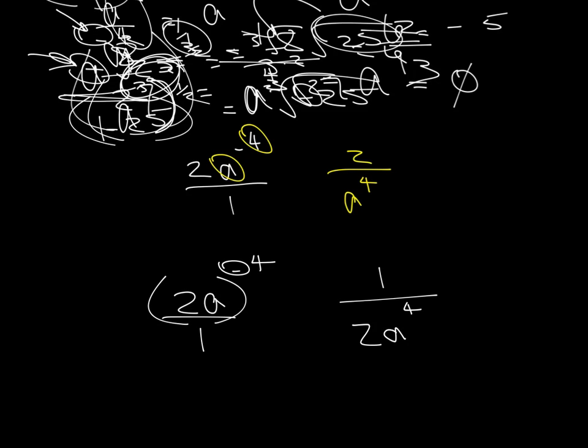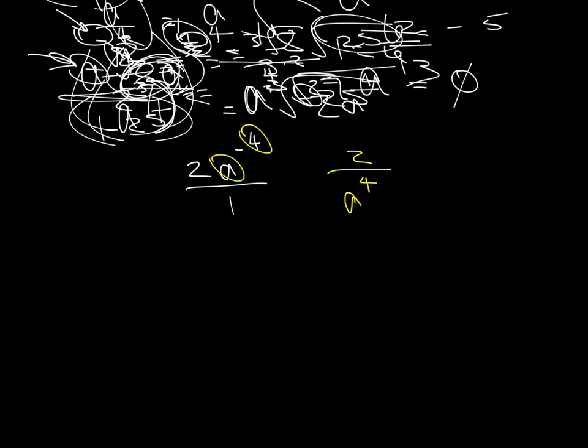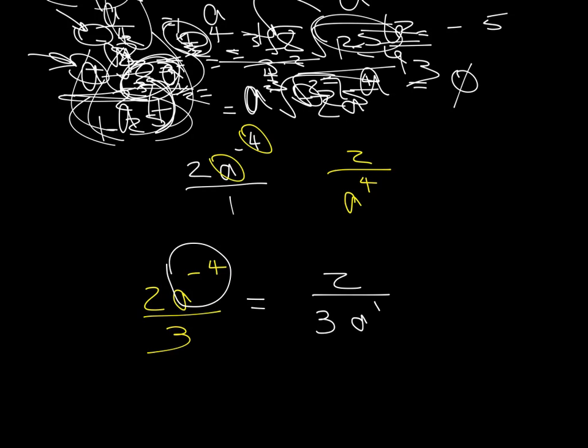Alright, what if I had 2a to the negative 4th over 3? The only thing that's in the wrong place is this a to the 4th, so everything else stays the same. Just the a to the 4th moves to its correct place, and that's your answer. Very important to remember that.